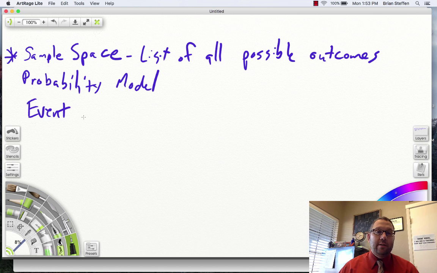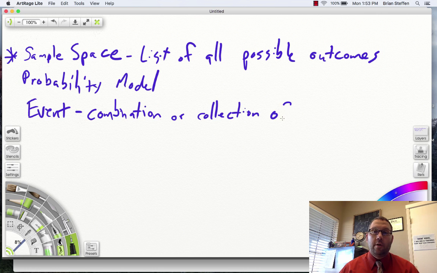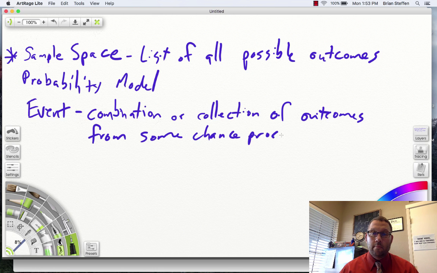An event is usually described as a combination or collection of outcomes. So these are all parts of the sample space, but they're specific parts of the sample space.